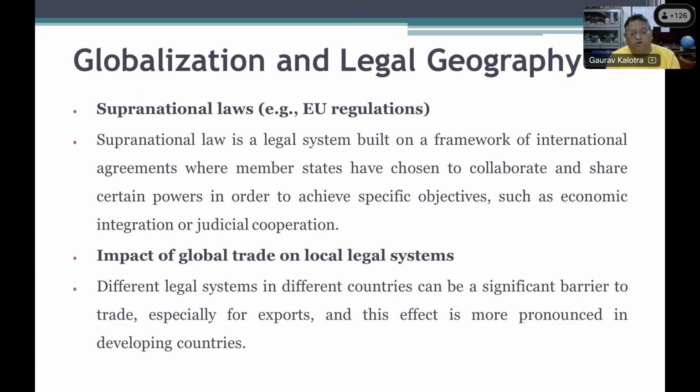Then the impact of global trade on local legal systems. Different legal systems in different countries can be a significant barrier to trade, especially for exports. And this effect is more pronounced in developing countries. If you remember, a few years back, there was the WTO, the World Trade Organization, and it was saying that all subsidies from agriculture should be removed.